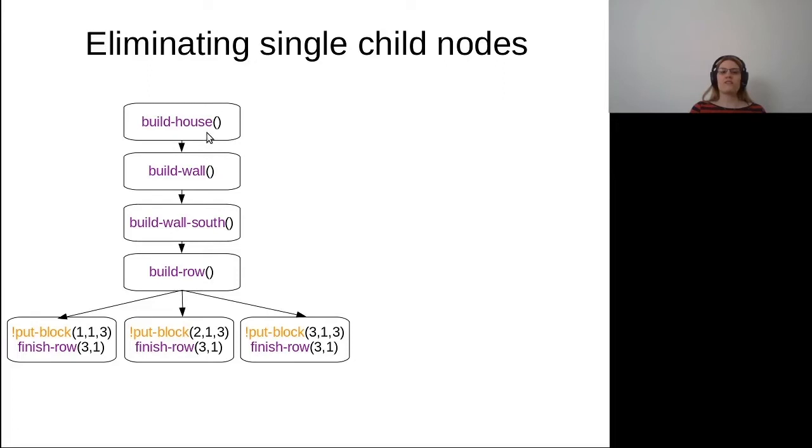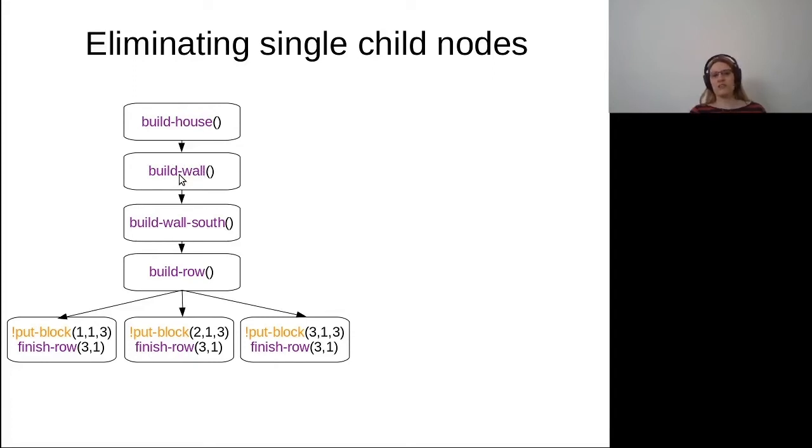So instead of simply taking all of these and putting them into our search, we went ahead and adapted the method that the grounding hierarchical planners use in the pre-processing and simply discard these single child nodes.